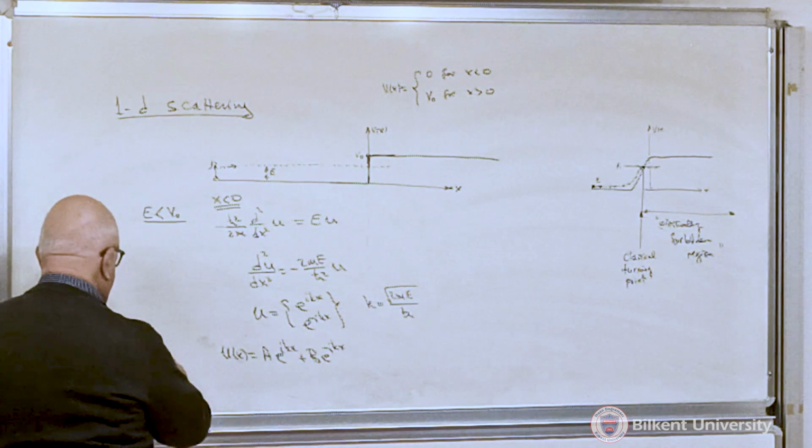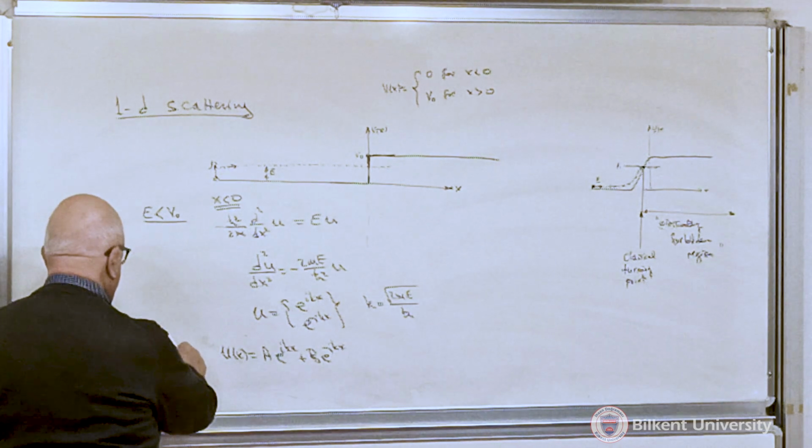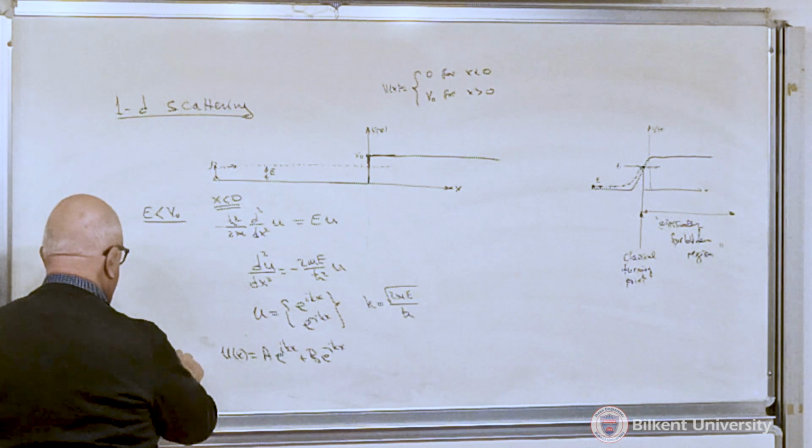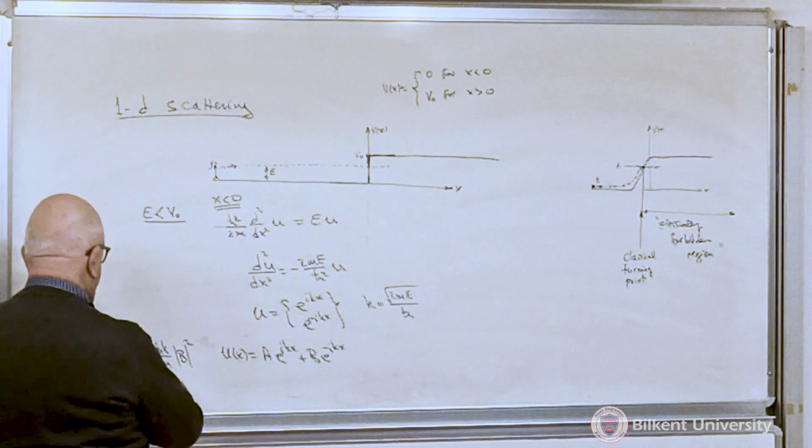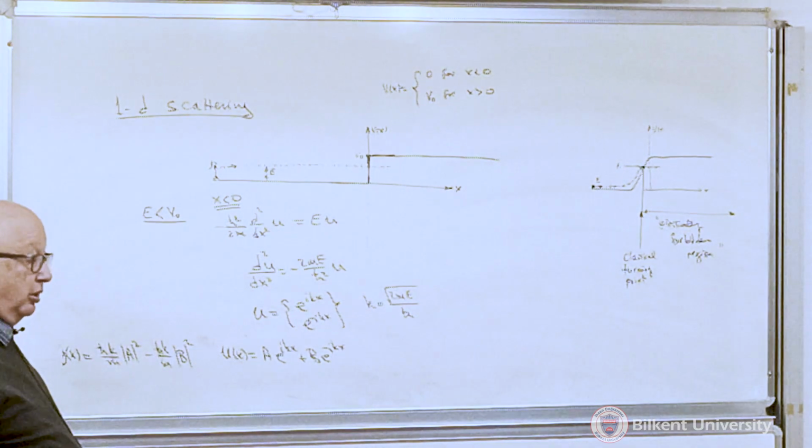But there was also a minus h bar k divided by m times B squared coming from the second term.